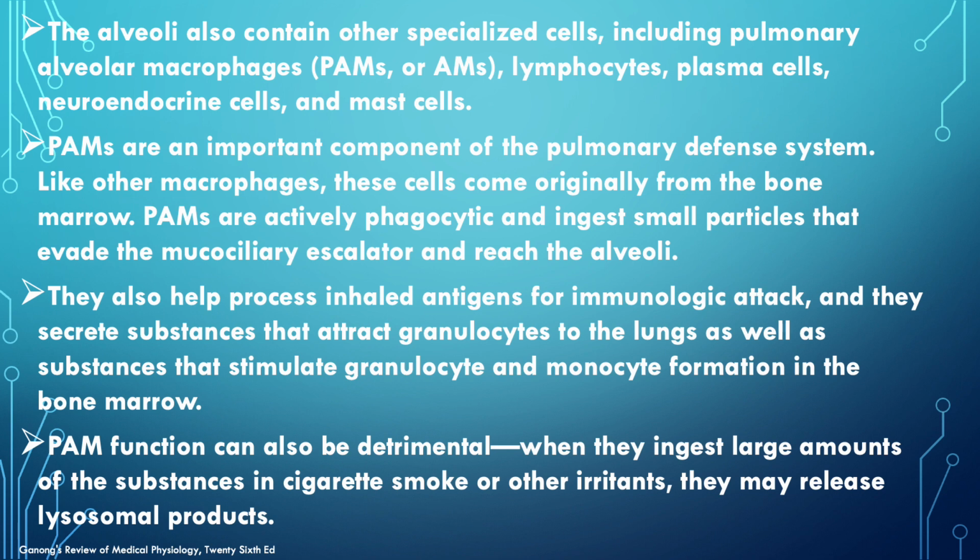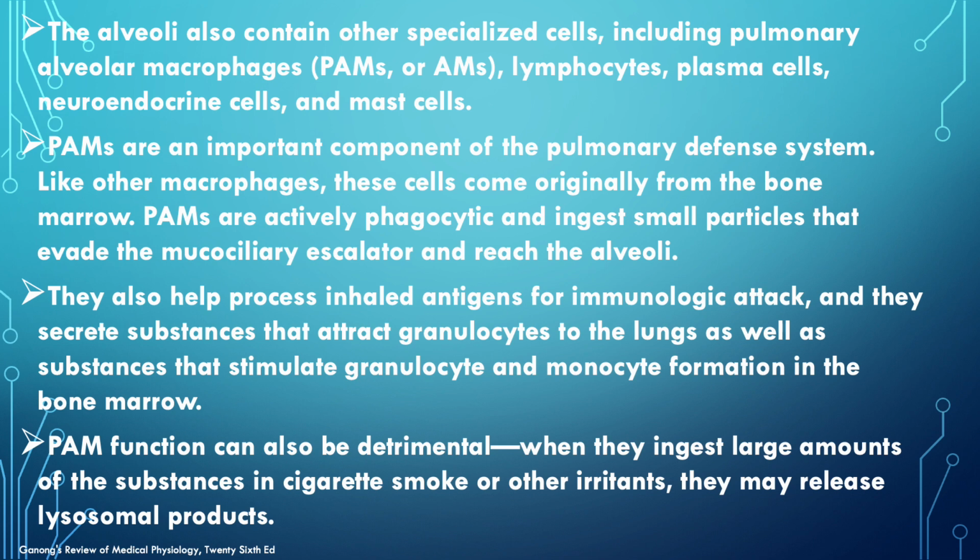These cells, the PAMs, come from bone marrow, and are actively phagocytic and ingest small particles that evade the mucociliary escalator and reach the alveoli. So whatever comes, they will eat it. They also help process inhaled antigen for immunologic attack.